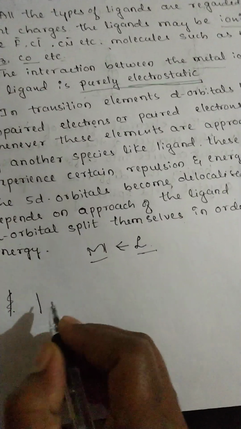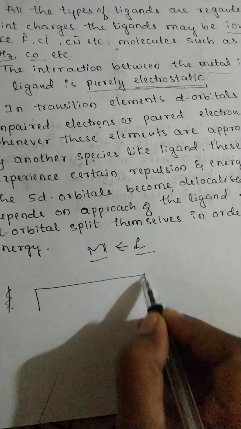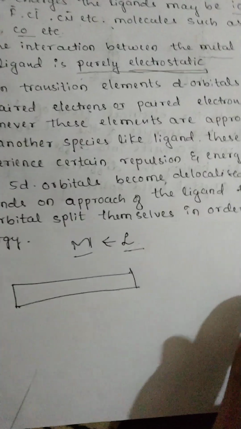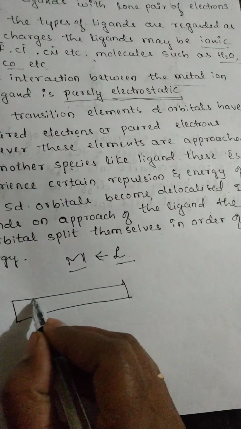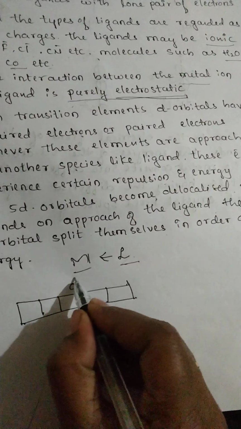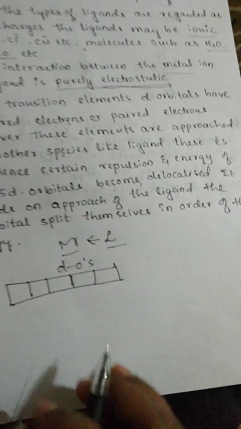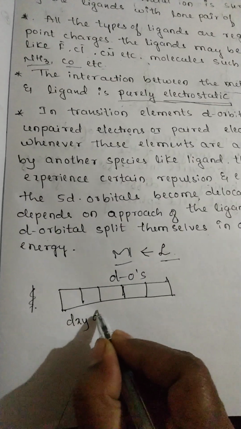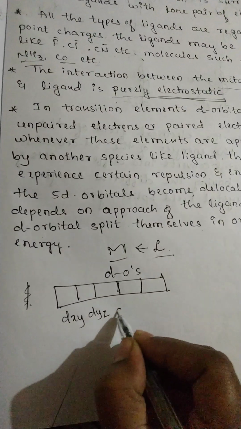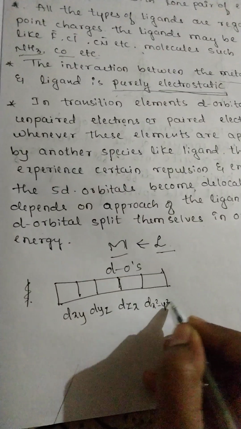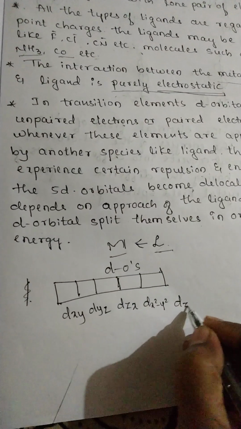We know that there are five d orbitals, namely dxy, dyz, dzx, dx square minus y square and dz square.